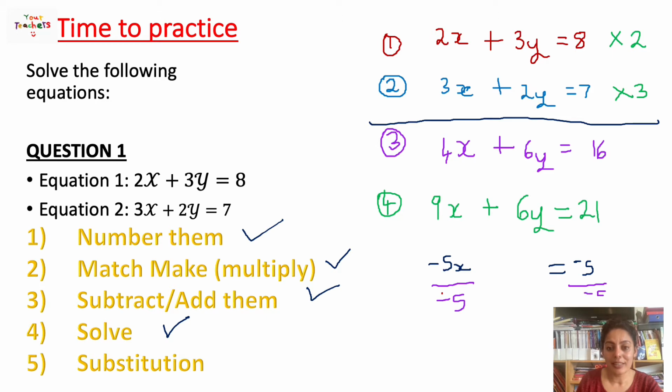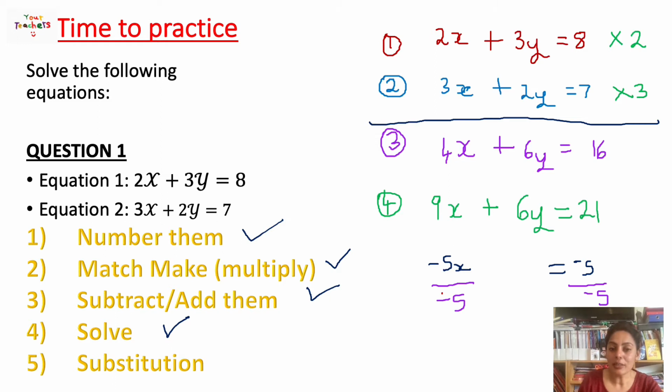The reason we divide by minus 5 is because when we've got a coefficient, a number, with a variable, a letter, it means that they're multiplying: minus 5 multiplied by x. So we've got to do the inverse, the opposite of multiply, which we know is divide. That's why I've chosen to divide here, okay?